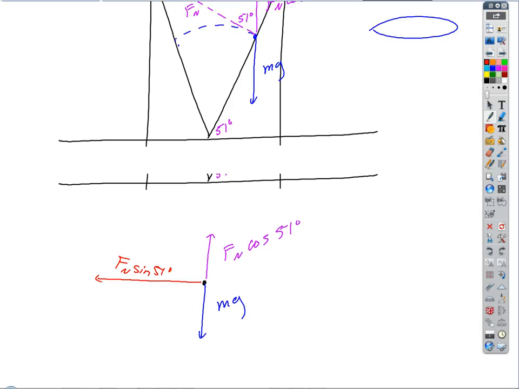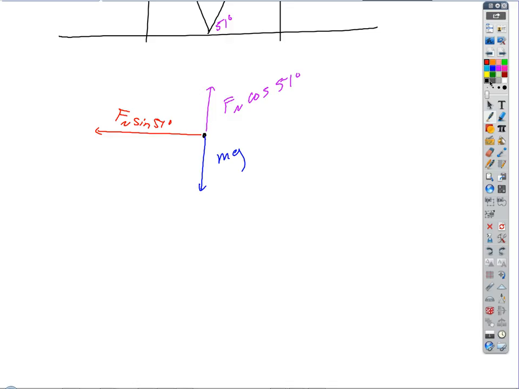So then what are my equations of motion I get from that? What about vertically? What's the net vertical force going to be a sum of? 0. It's going to add to 0. You're right. But what am I going to add up to get 0 there? The positive, the upward vertical component is going to be the purple one. So normal force cosine 51 minus, that's going down, right?